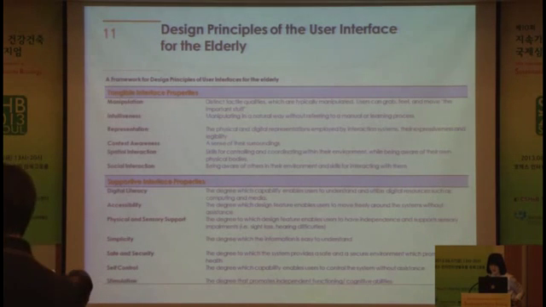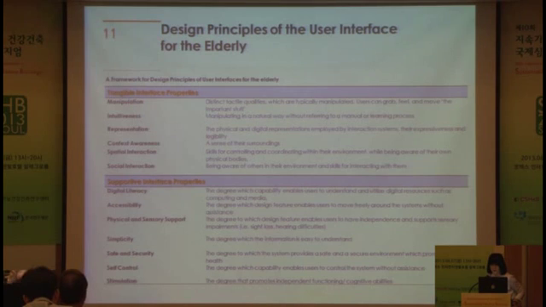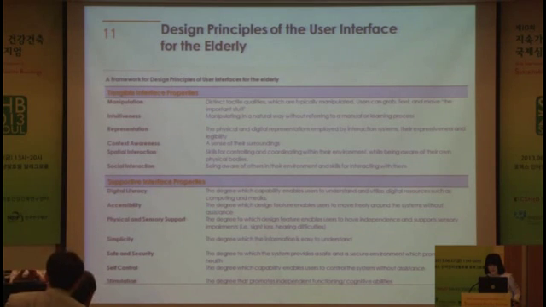And the second category includes these subcategories: digital literacy, accessibility, physical and sensory support, simplicity, safety and security, and self-control and stimulation. You can see the detailed explanation in this table.